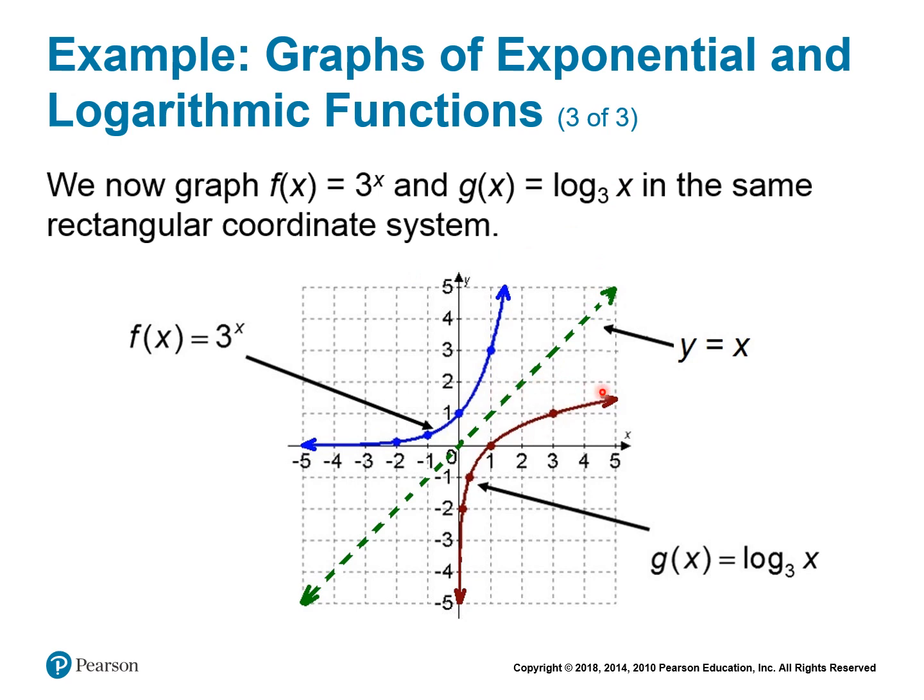Now let's look at the logarithmic graph here, the red one. When x was 1/9, y was -2, so we have a point here. Then when x was 1/3, y was -1. Again, remember that we obtained the ordered pairs by flipping the coordinates of the exponential function.